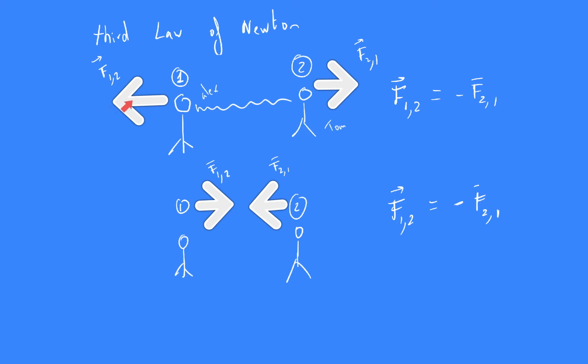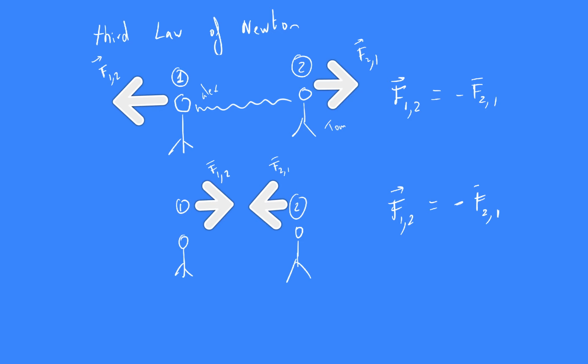It's the same amount of force but opposite on Alex. So Alex does a force on Tom to the right. Tom does a force on Alex to the left with the same amount. This is the third law of Newton.